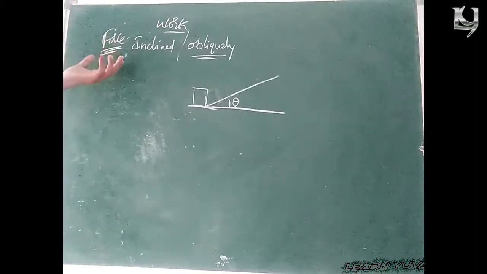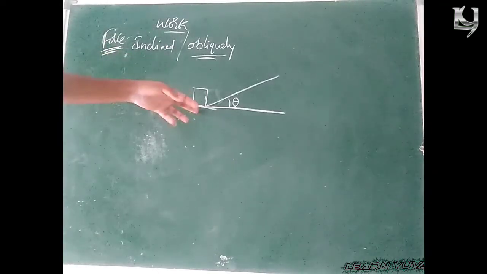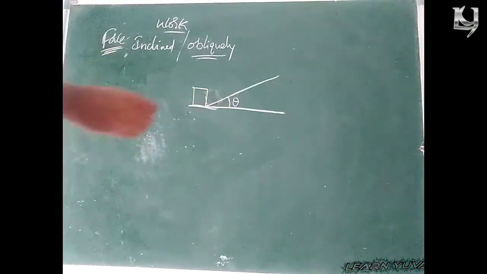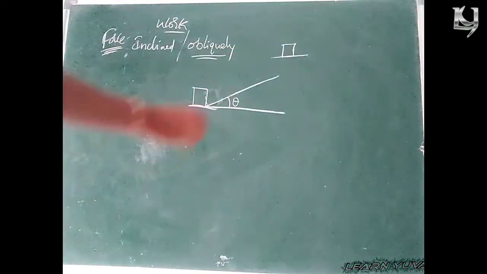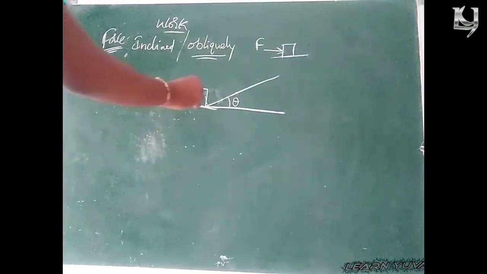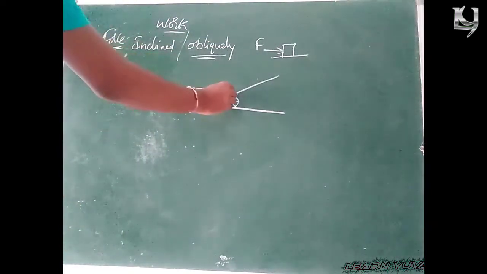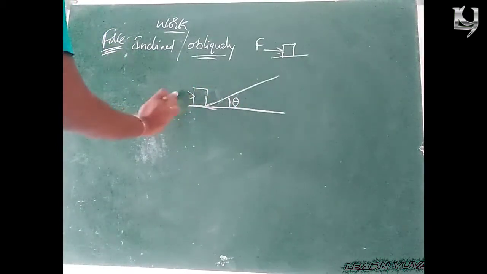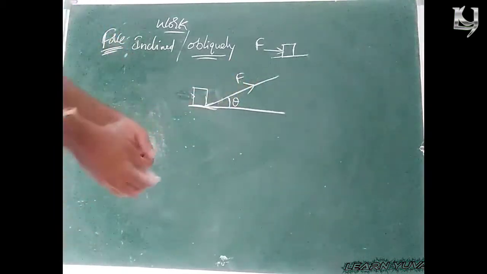The force which we are applying on a body obliquely means inclinedly, with some angle. In the previous case we saw that there is a body on the surface and we apply the force in the horizontal direction. But in this case we are applying the force inclinedly, obliquely, with some angle, on the body.